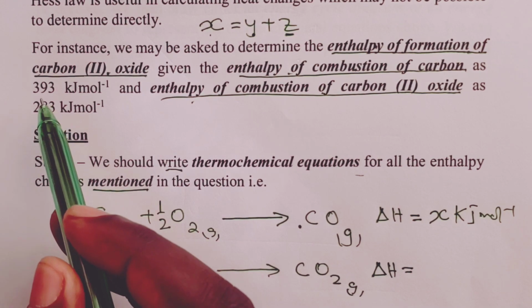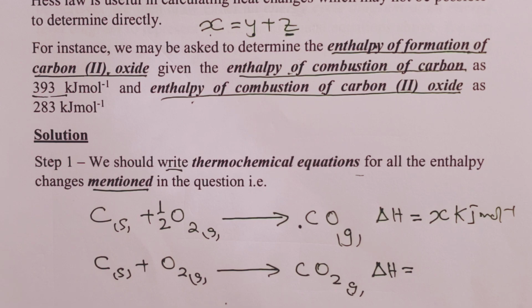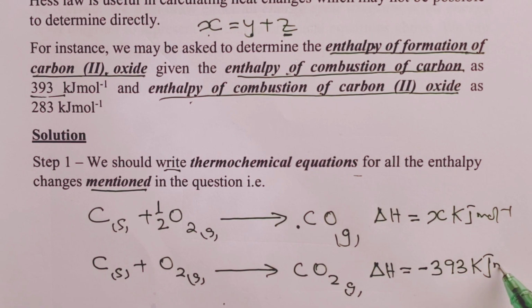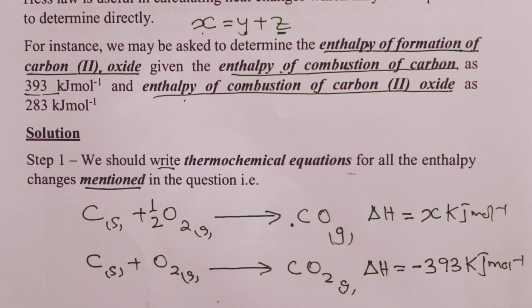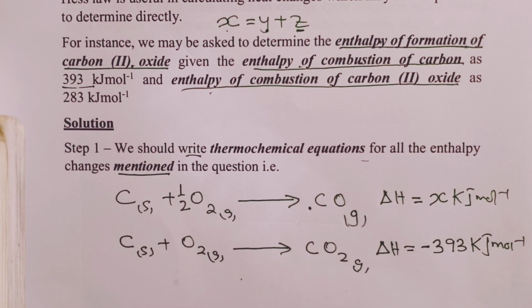That value has been given as 393 kilojoules per mole, but you realize when you burn carbon, it produces heat. Reactions that produce heat are exothermic, and delta H for exothermic reactions are usually negative. So that becomes our thermochemical equation for enthalpy of combustion of carbon.